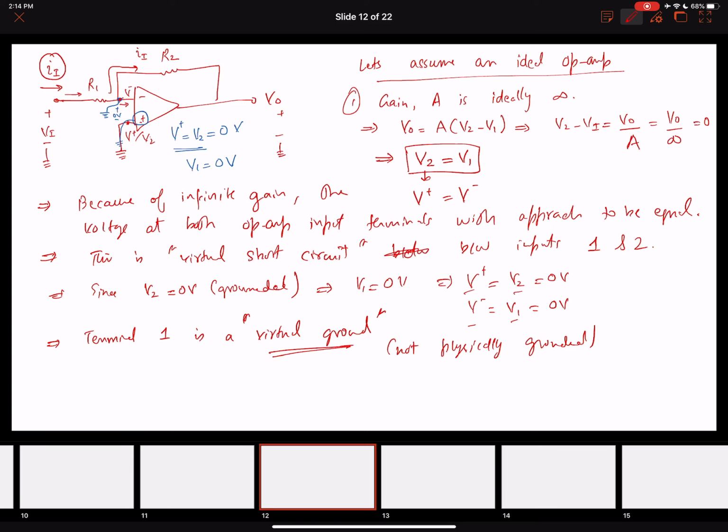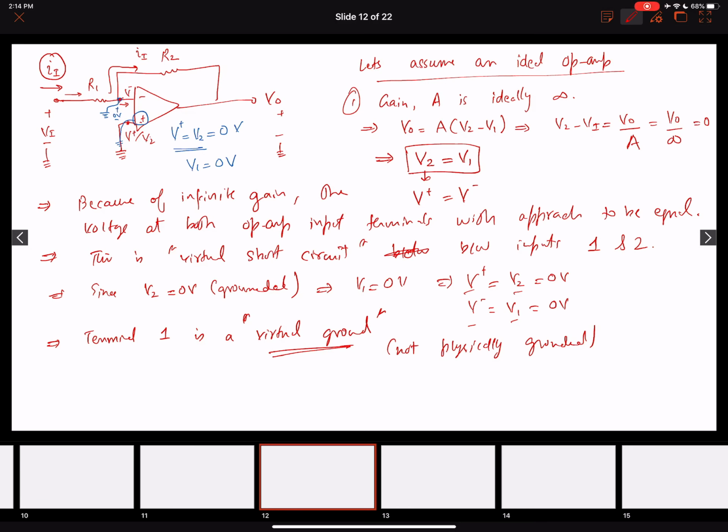So I'm going to do it stepwise. The second point, find current II through R1.